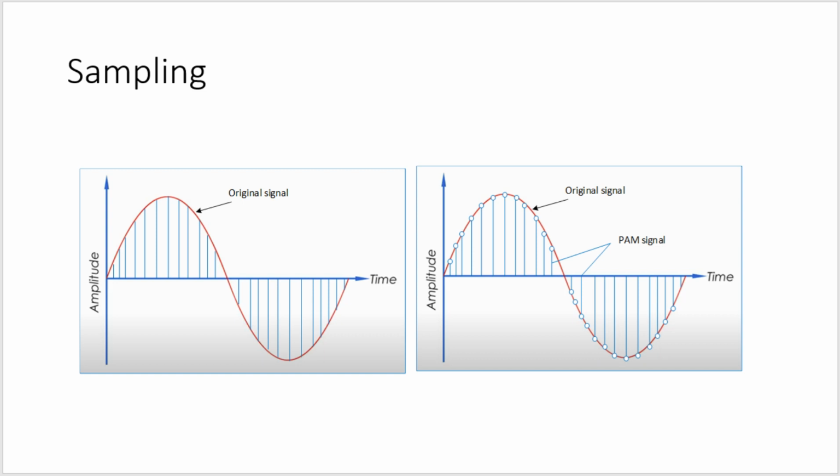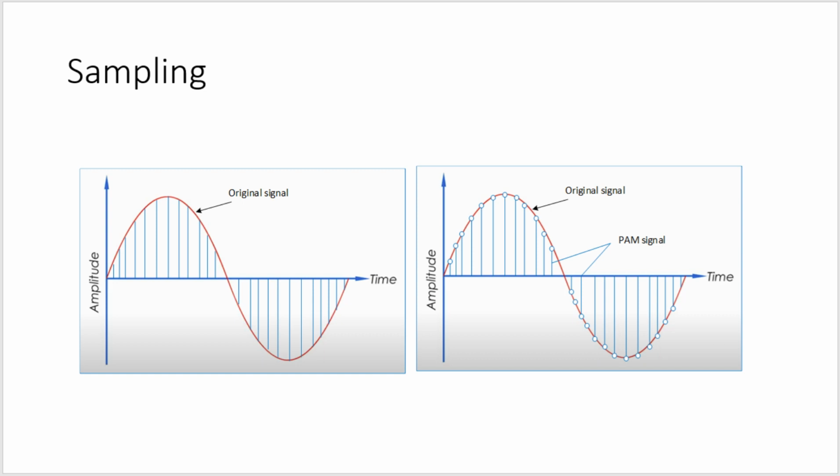So 1 sample per second is 1 Hertz. So 1 kilohertz equals 1000 samples per second. If 1 million samples per second, it is 1 megahertz.